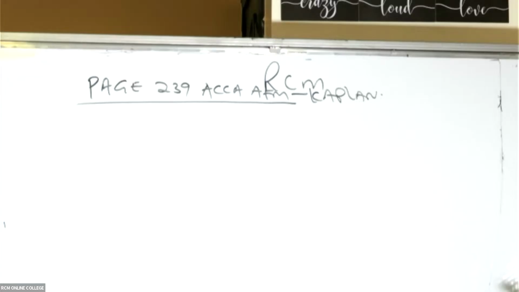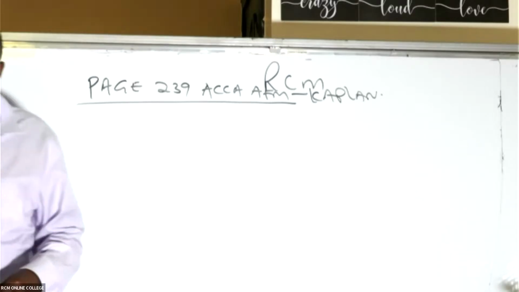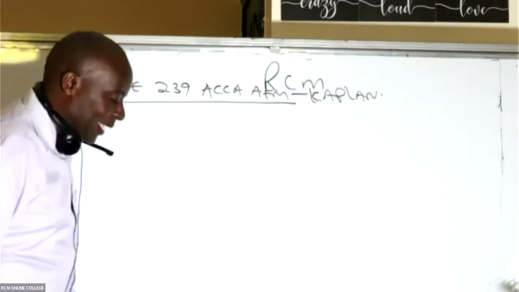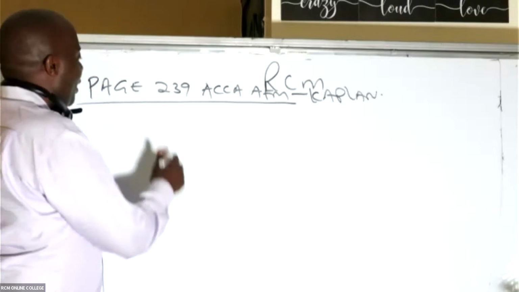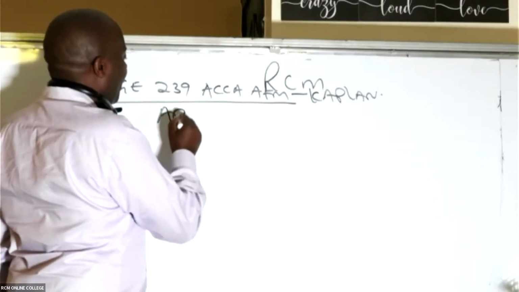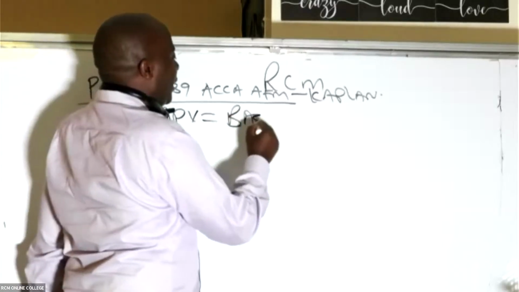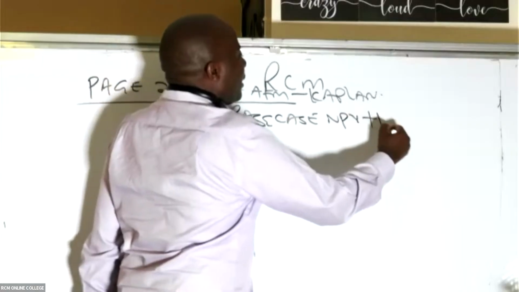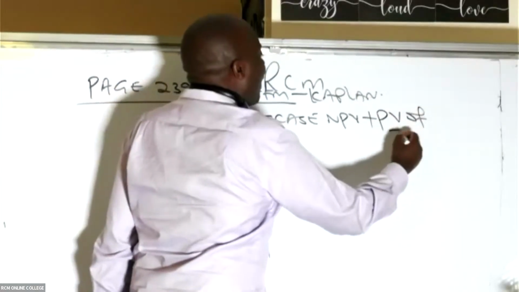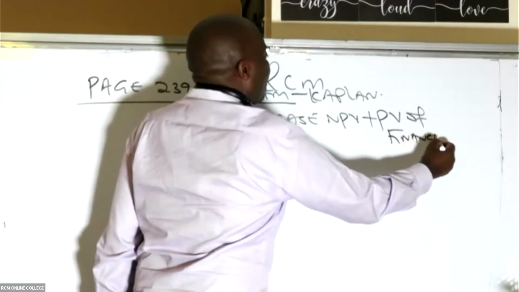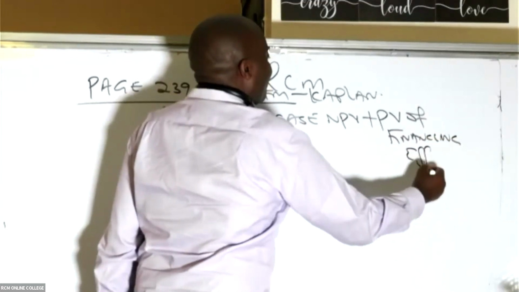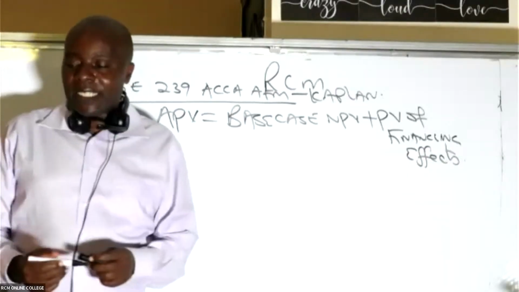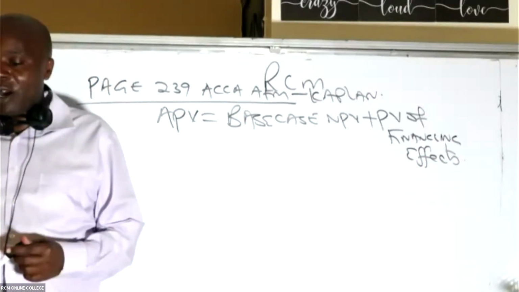So anytime they talk about APV, we will always get what we call the base case NPV. APV equals base case net present value plus, in this case here, the present value of financing effects. So PV of financing effects.